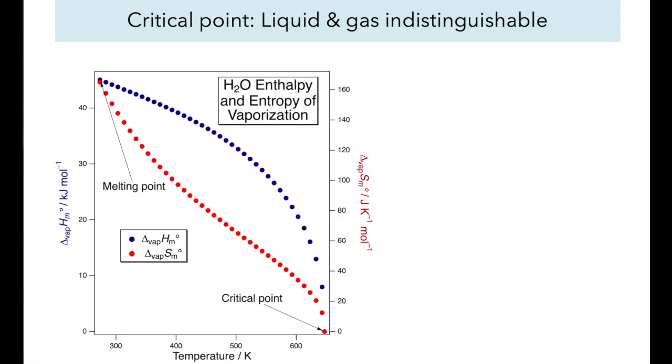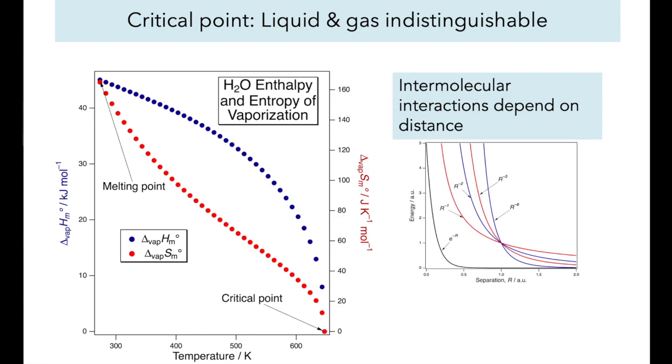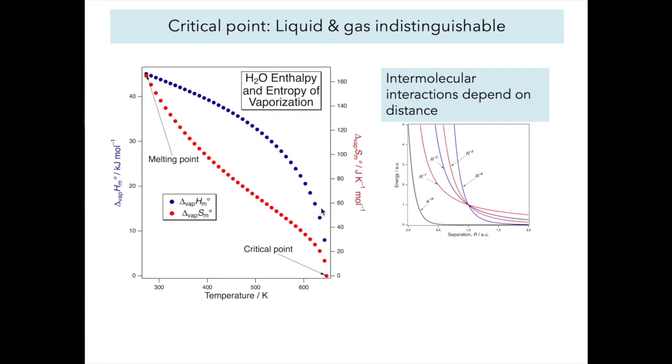How can this happen? The reason why it happens is as we're increasing the temperature at constant pressure, the molecules are getting further apart, and the density of the gas phase is increasing less rapidly than the density of the liquid phase, so they're catching up with each other.